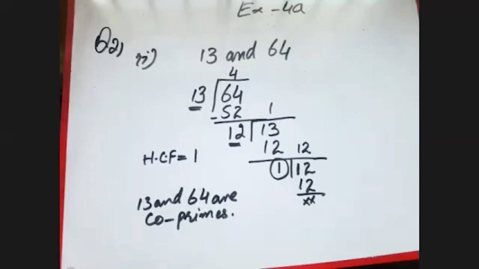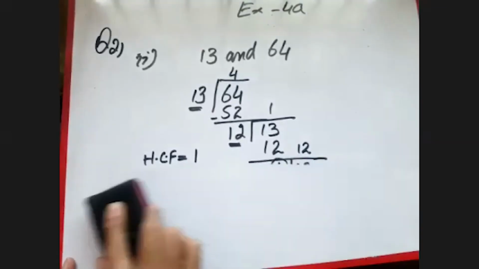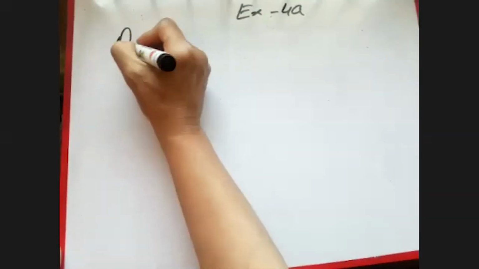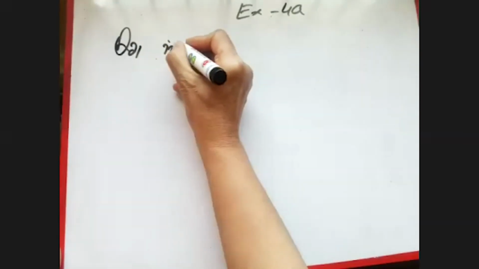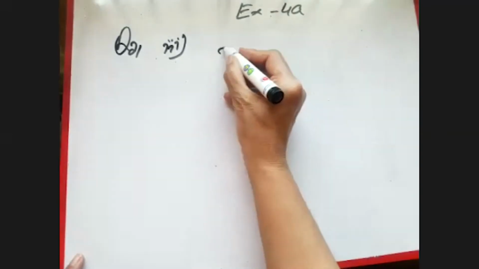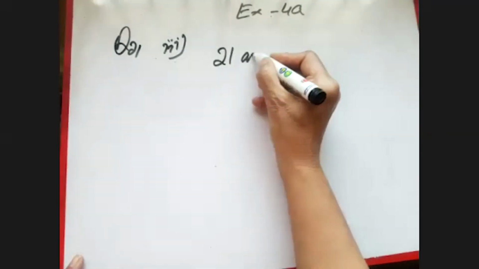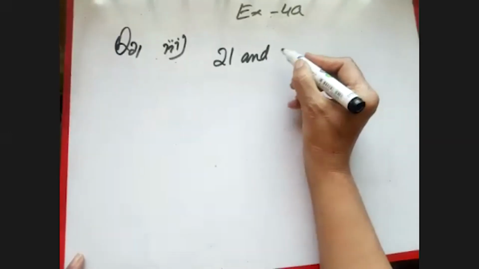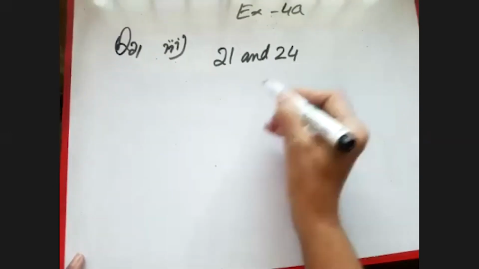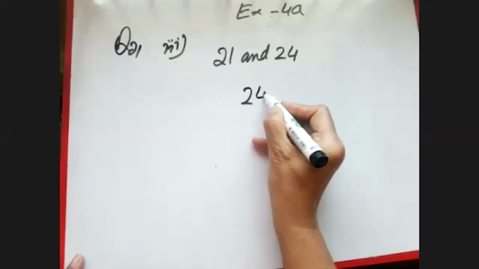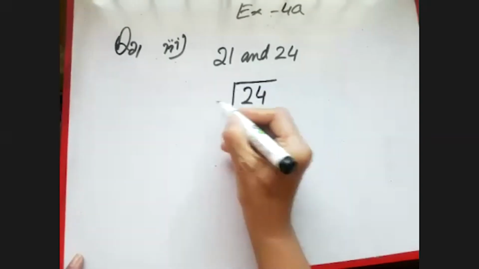Third part. Question number 2, part 3. 21 and 24. So 24 is your dividend because it is the greater number.